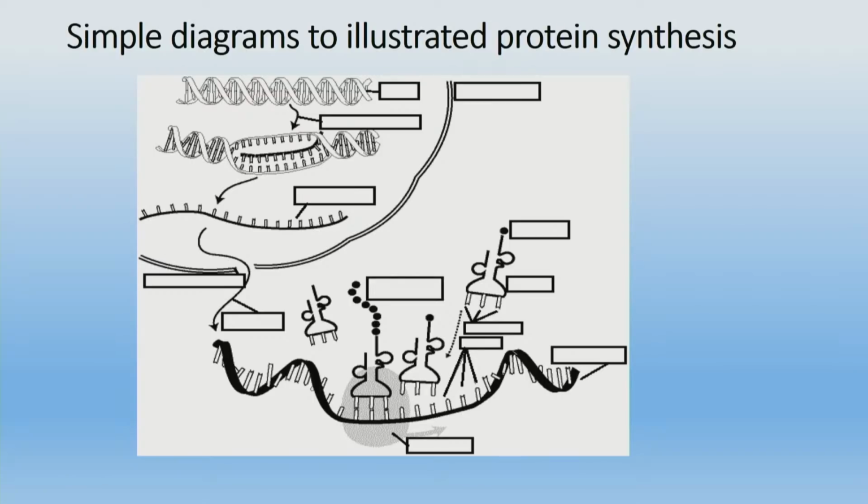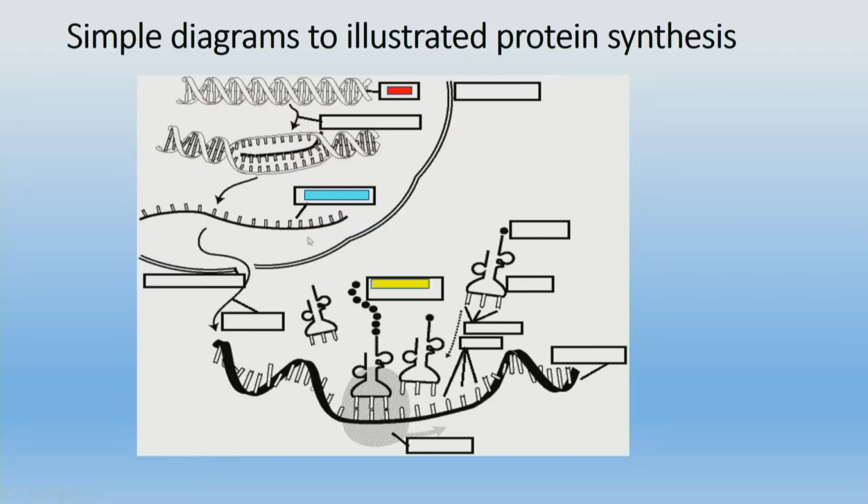This simple diagram illustrates protein synthesis. It is very important that learners must be able to identify these structures. So this is DNA, the replication of DNA. This molecule is a messenger RNA because it's a single strand.